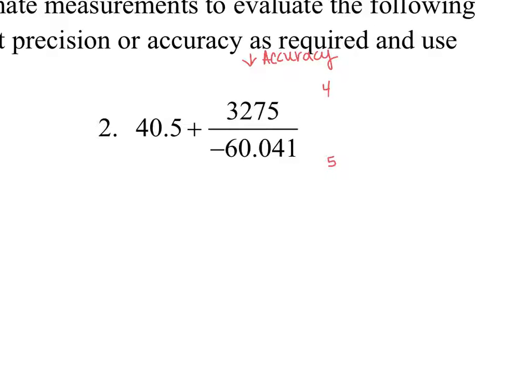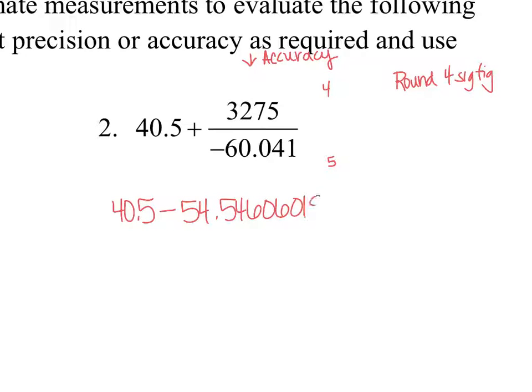The least accurate means we're going to round to 4 sig figs. So I'm going to start by taking my calculator, 3275 divided by negative 60.041. So I end up with 40.5 minus 54.54606019. Never round until the end.